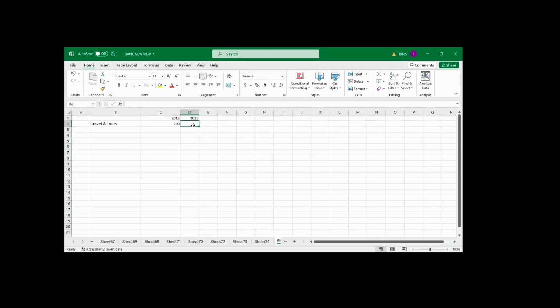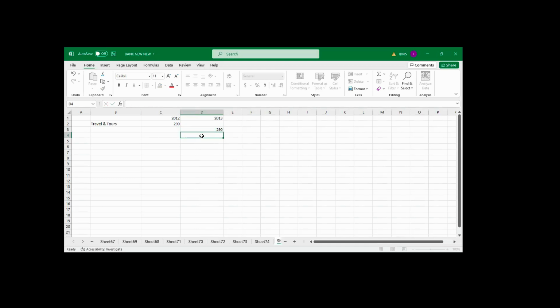10% inflation. If you want to do that for 2013, we can say 290, 10% increment. We can write increment like this. The increment, we can set 10%.